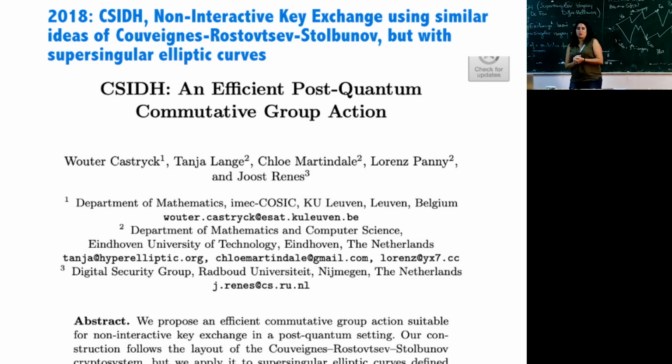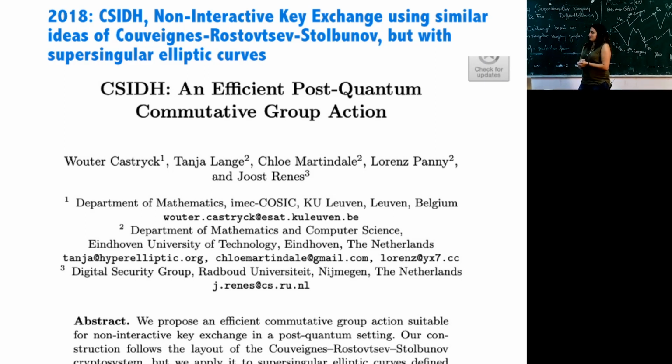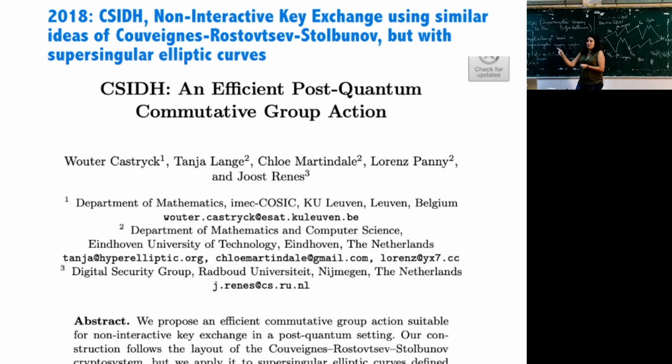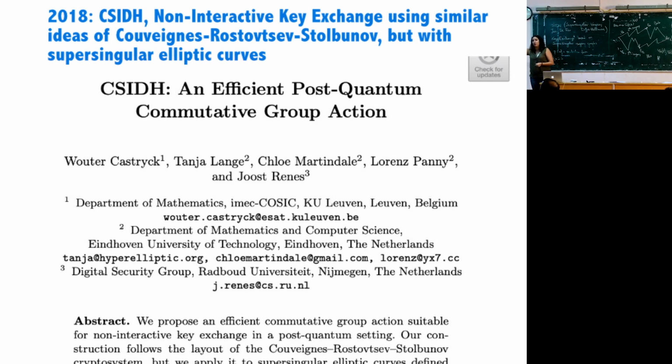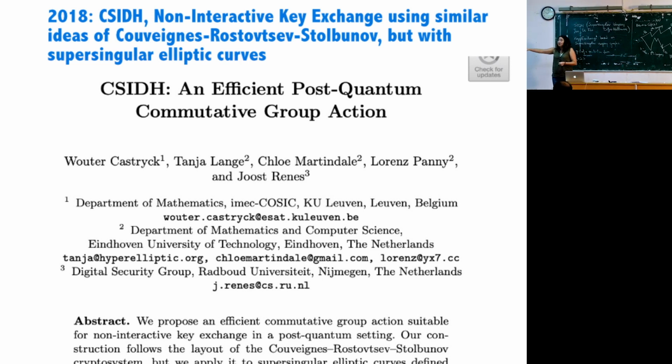Well, this protocol is very complicated to explain to you because actually it uses what I raised, the word quaternion algebra. So in order to understand how this works, you should learn about quaternion algebras, maximal orders, connecting ideals. So if you want to have an idea of all those things that you were asking, you can go to the background section of this paper, for instance, for finding some references.